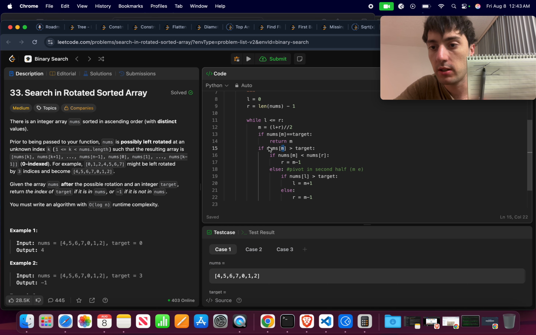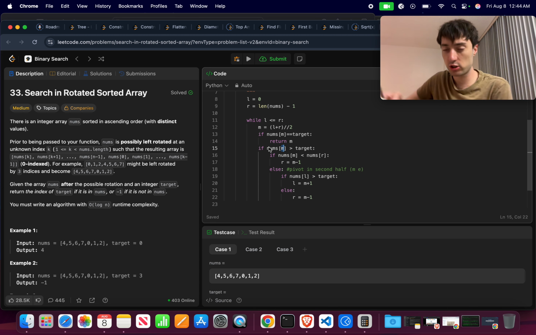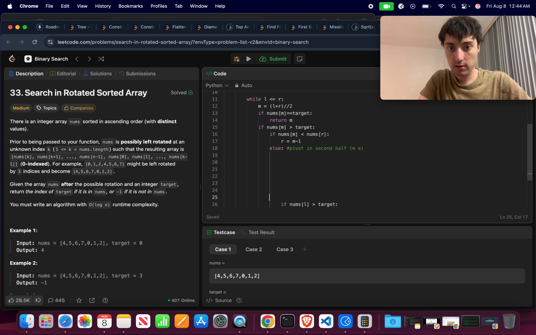Okay, so now I need to check this right here, the start. And if the start is bigger than my target, then I know it's right there. I know it's in here. Okay, so I just said that. Let me write it. So if I'm getting rid of these because I don't want to see it, okay?